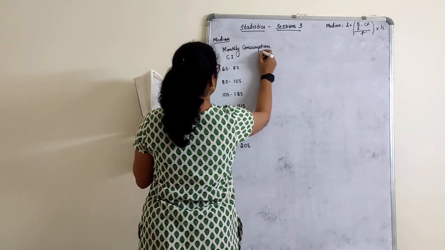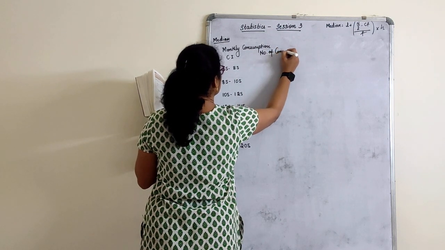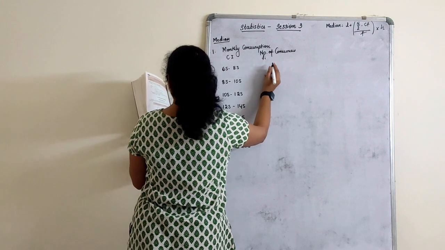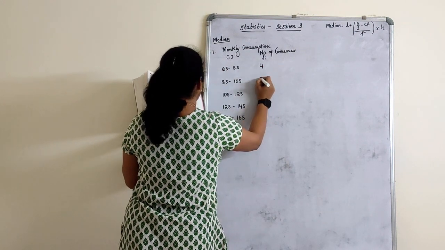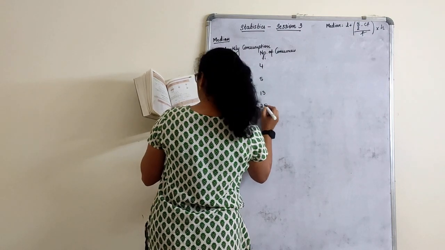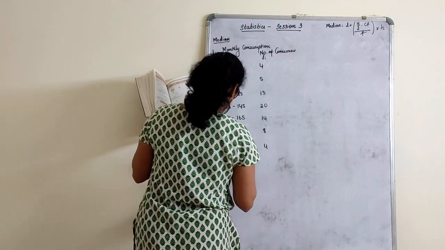Then we have number of consumers, which is nothing but Fi. That is 4, 5, 13, 20, 14, 8 and 4.